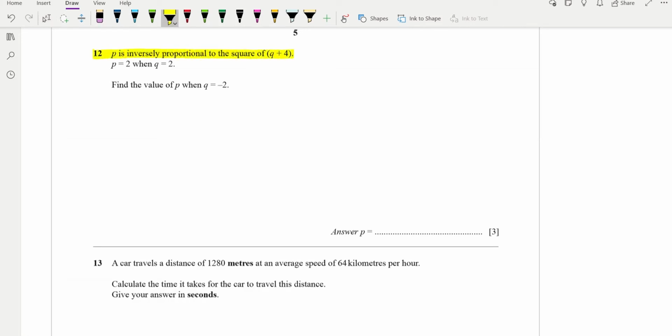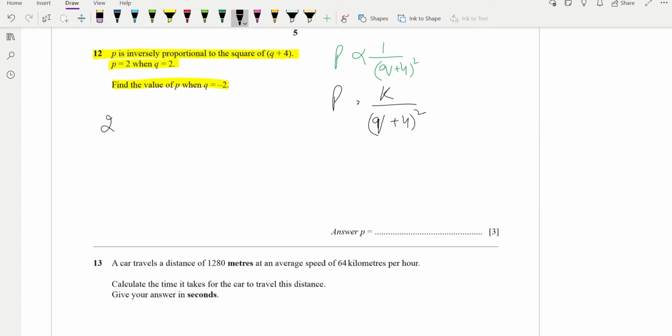P is inversely proportional to the square of q plus 4, and we have to find the value of p. So we will write p is inversely proportional to (q + 4)², and now we can write p = k/(q + 4)².